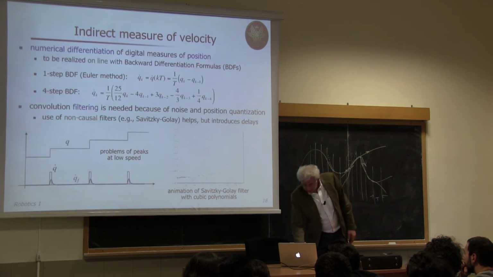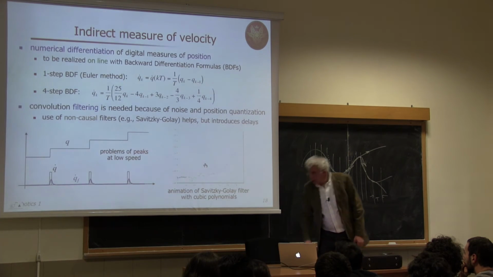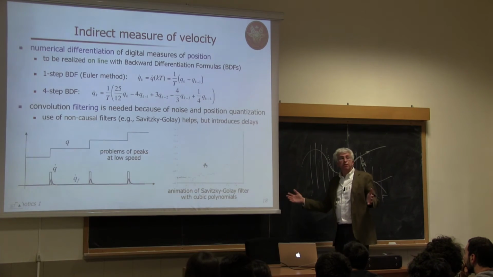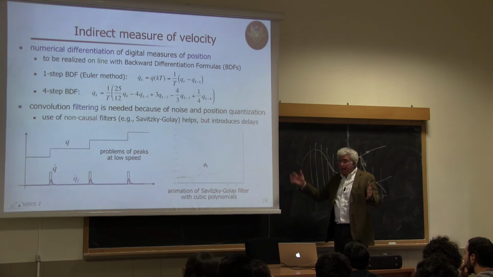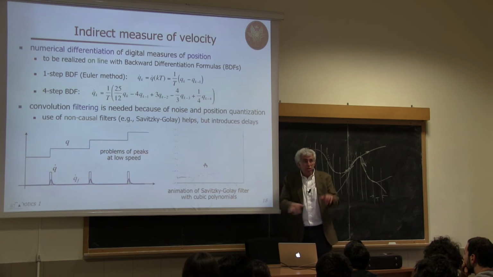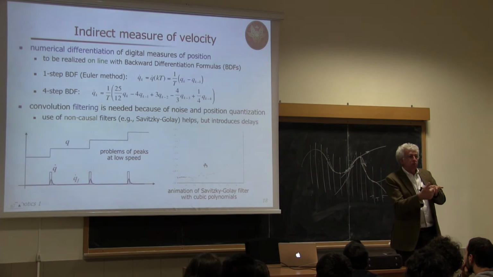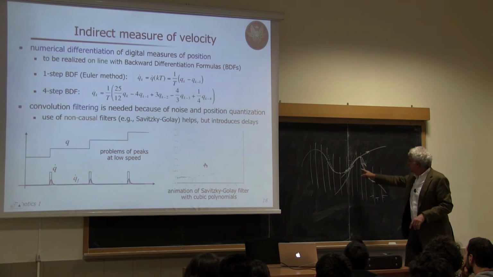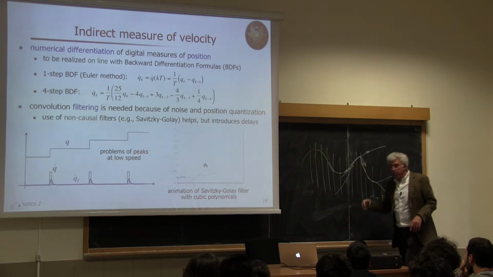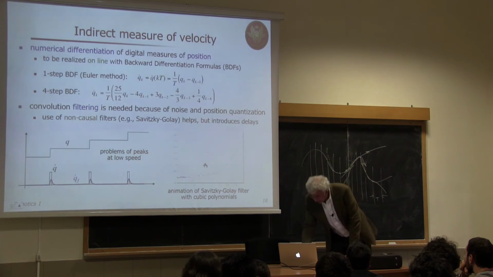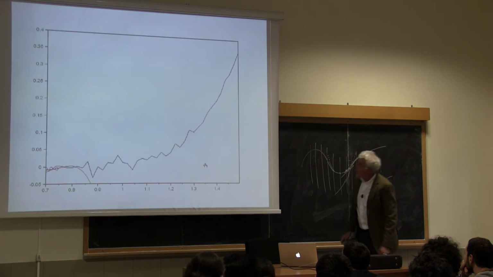So here in this animation, you will see the processing of a noisy signal. You will see that it's kind of oscillating by a Savitsky-Golay, which uses 5 samples centered on the current one. So like in this case, 2 before and 2 after. And I hope you will see how this works.